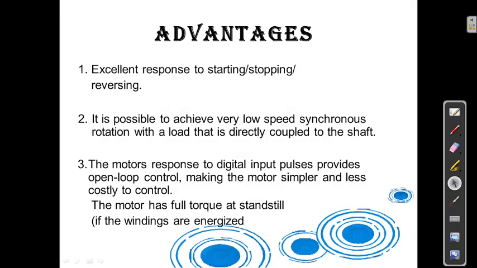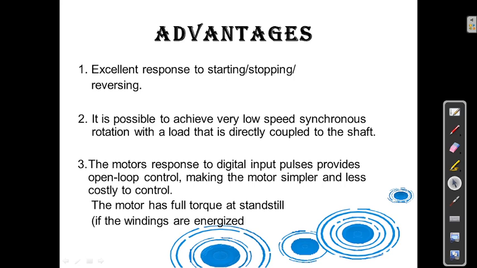Then what are the advantages of the stepper motor? First is the excellent response to starting, stopping and reversing. It is possible to achieve very low speed synchronous rotation with a load that is directly coupled to the shaft.